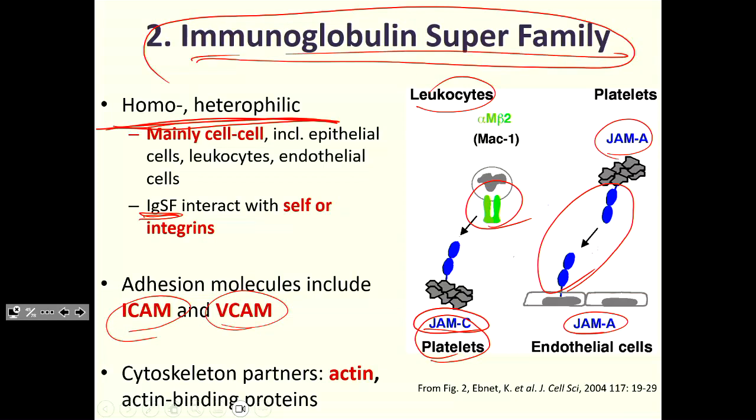And remember, any type of adhesion, cell to cell, cell to ECM, there has to be an adhesive protein. So the protein that is mediating the interaction is either immunoglobulin superfamily on one cell binding to immunoglobulin superfamily on the other cell, or that immunoglobulin superfamily is going to bind to integrins. They're both transmembrane proteins.